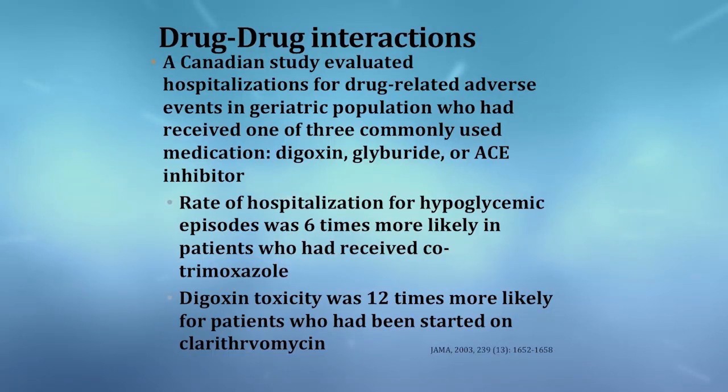In a Canadian study which evaluated hospitalization for drug-related adverse effects in a geriatric population who had received one of 3 commonly used medications, which are digoxin, glyburide, or ACE inhibitor, they found that the rate of hospitalization for hypoglycemic episodes was at least 6 times more likely in patients who had received cotrimoxazole.